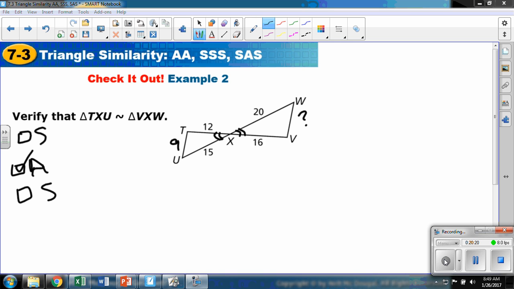Checking the others, 15 is going to match up with 20 because 15 is the bigger measurement on the left triangle, 20 is the bigger measurement on the right.